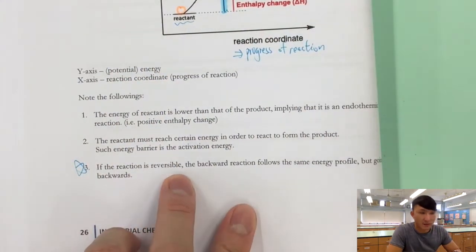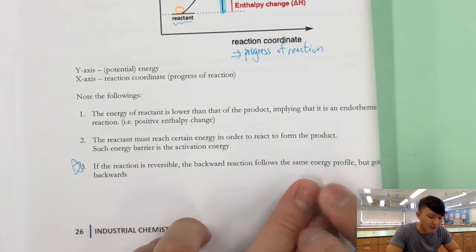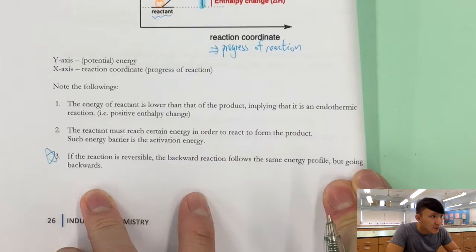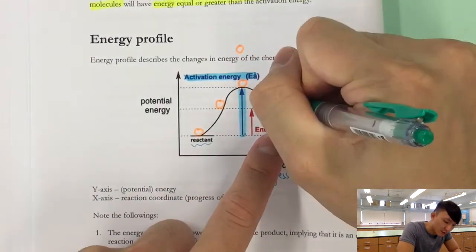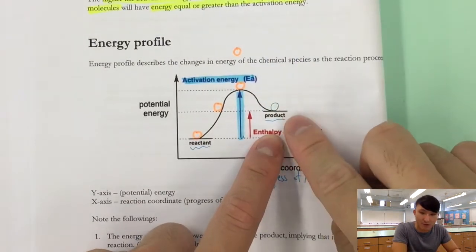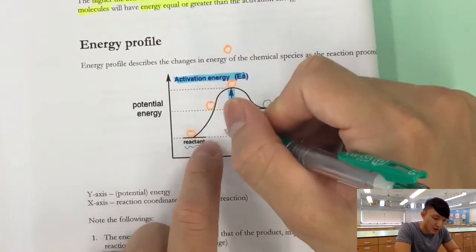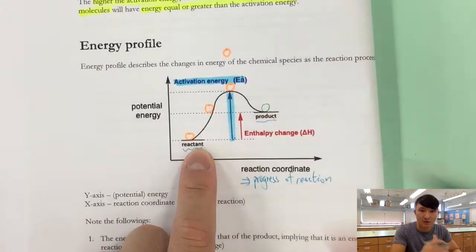Now, the third one, you also have to pay attention to. If the reaction is reversible, then the backward reaction will follow the same energy profile, but going backwards. So, if this time we have the ball here, because now we want to do a backward reaction, that means the product will become the reactant, then it will travel along the same curve, or it has to overcome the same mountain, same hill.